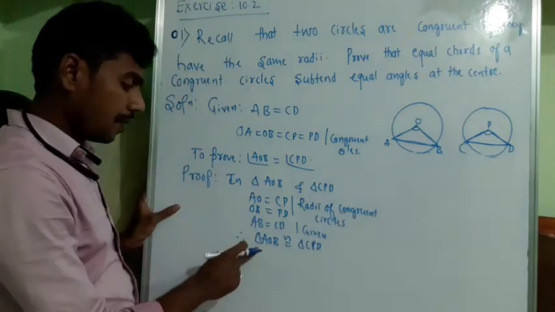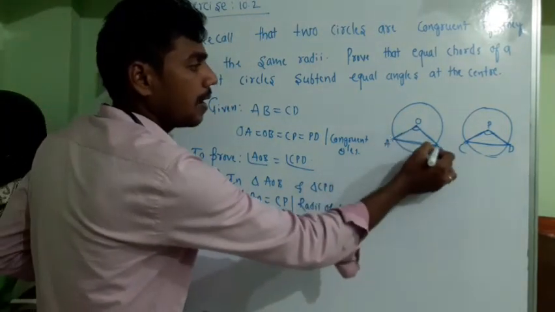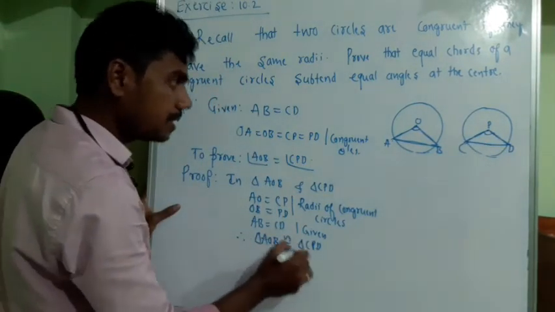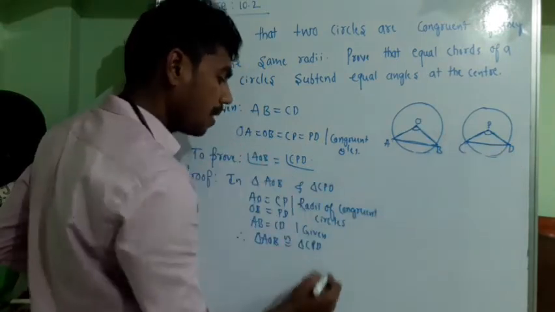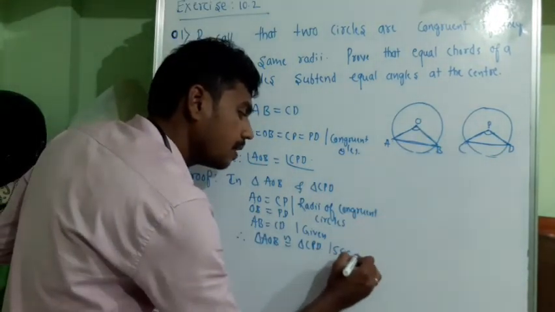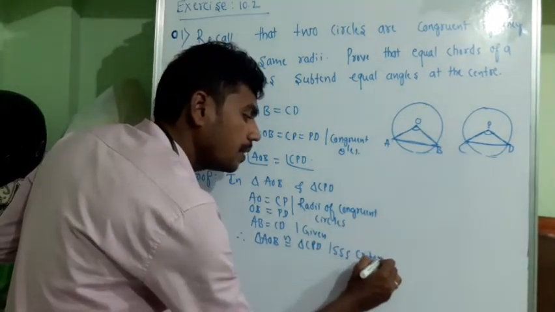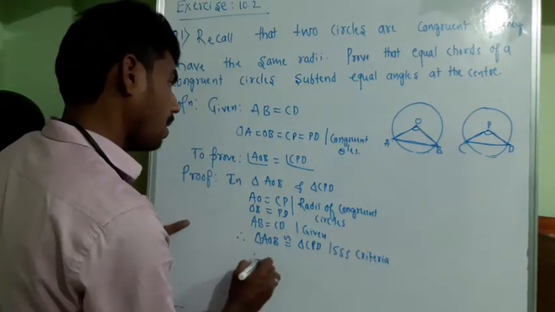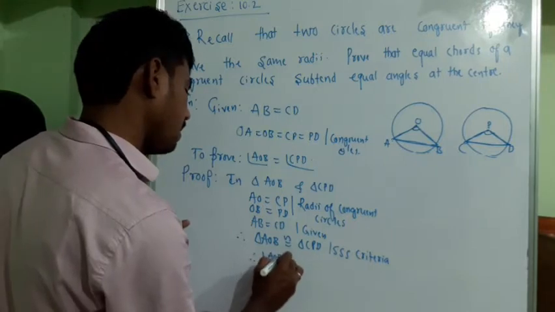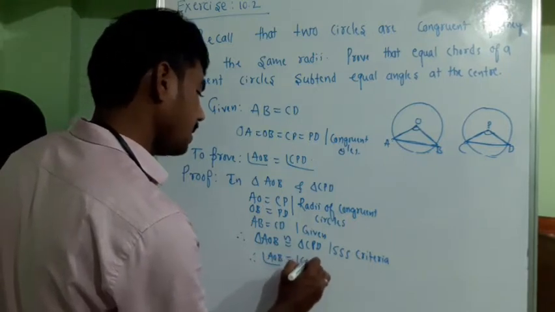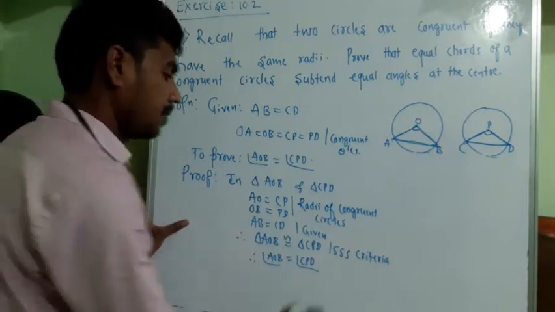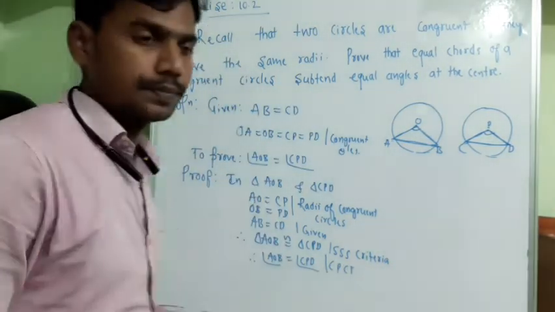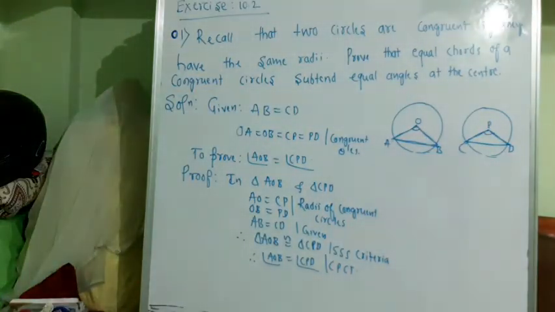So triangle AOB is congruent to triangle CPD by the SSS congruence criteria. Therefore angle AOB is equal to angle CPD. This is because of CPCT. Please note this term.